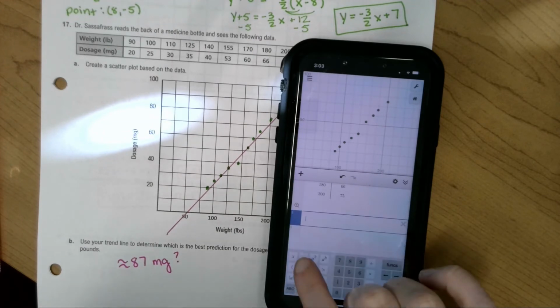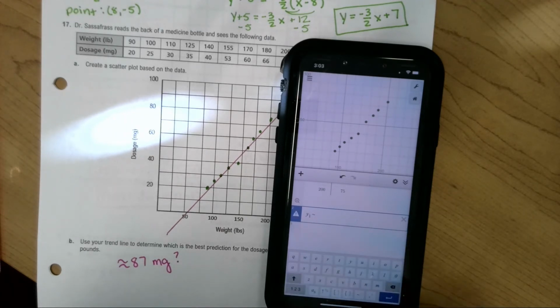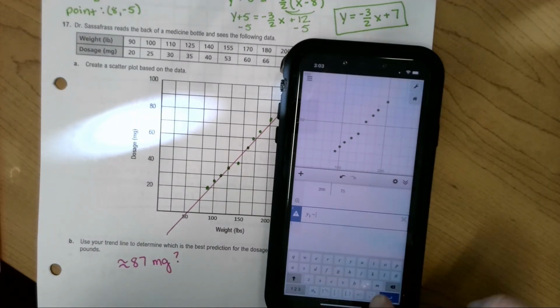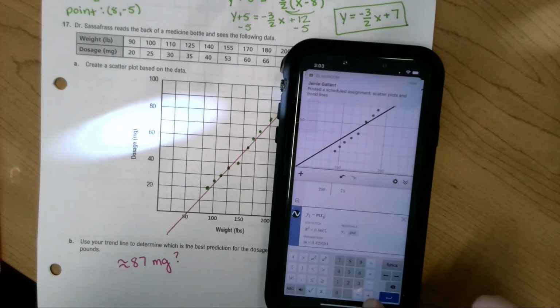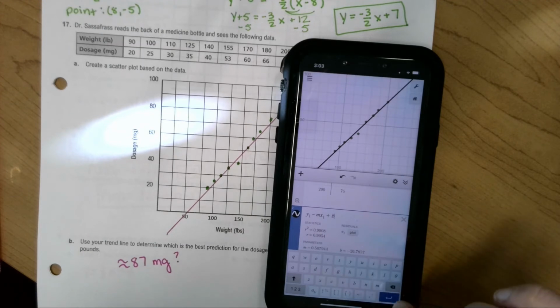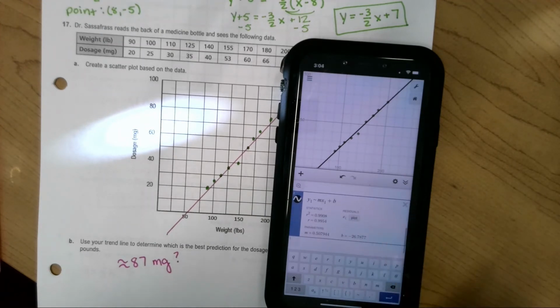So I'm going to type in y1 regressed against, that's that squiggly line, m times x1 plus b. What that does is give me my trend line.